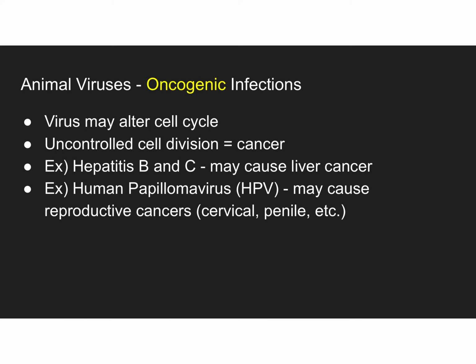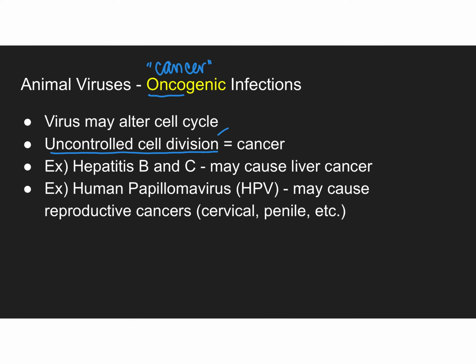And last but not least, some infections can be oncogenic. And onco, this prefix, has to do with cancer. So there are some viruses that can actually cause cancer, and they do so by altering the cell cycle. Because remember that cancer is just uncontrolled cell division.